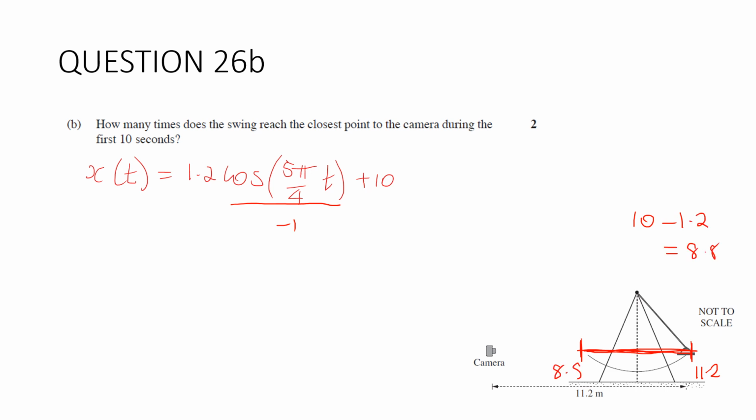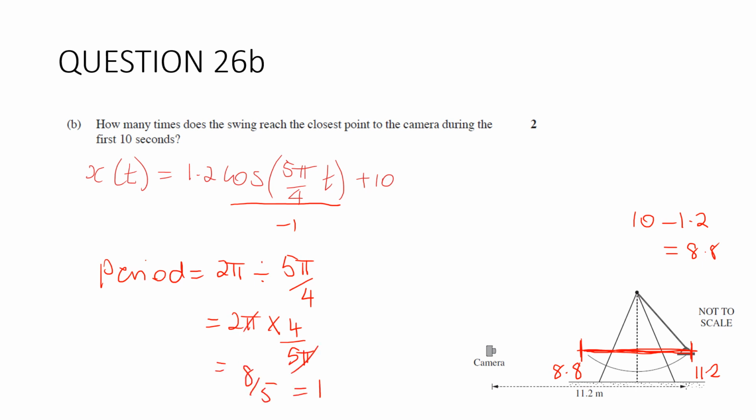Now this is to do with period, and the period is equal to 2 pi divided by 5 pi on 4, which is 2 pi times 4 on 5 pi, which is 8 on 5, or 1.6.